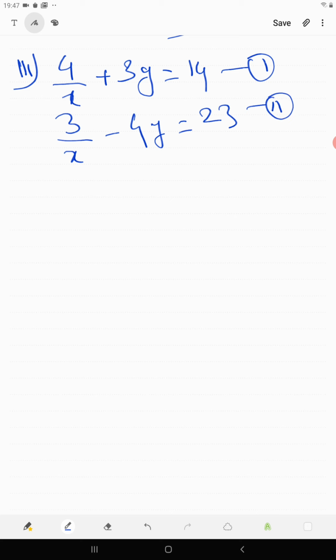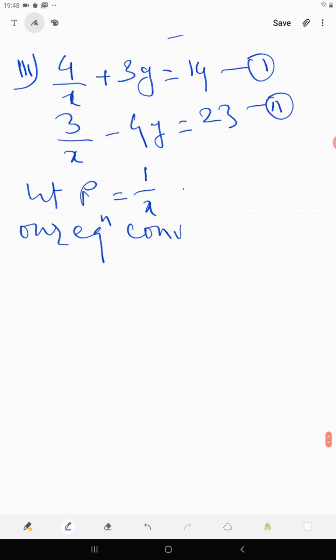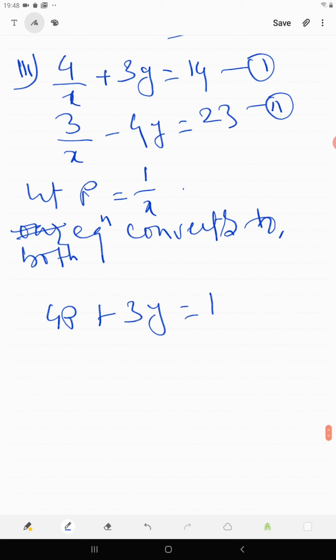Okay, so here we don't need to assume for y because it's not in the denominator. Here I'll assume only for x. So let p equal 1 by x. Therefore both equations convert to 4p plus 3y equals 14.